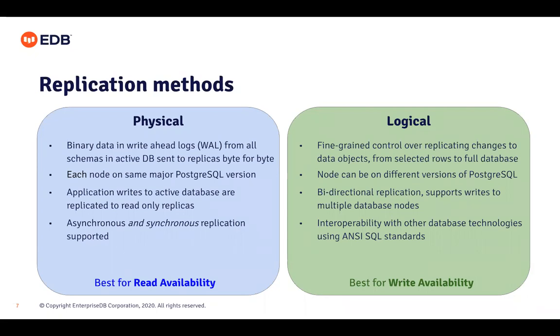So writes to all of the nodes are supported. This is a classic multi-master replication scenario. And then finally, because we are operating at the logical level and using ANSI SQL, interoperability with other database technologies in your ecosystem is possible, right?